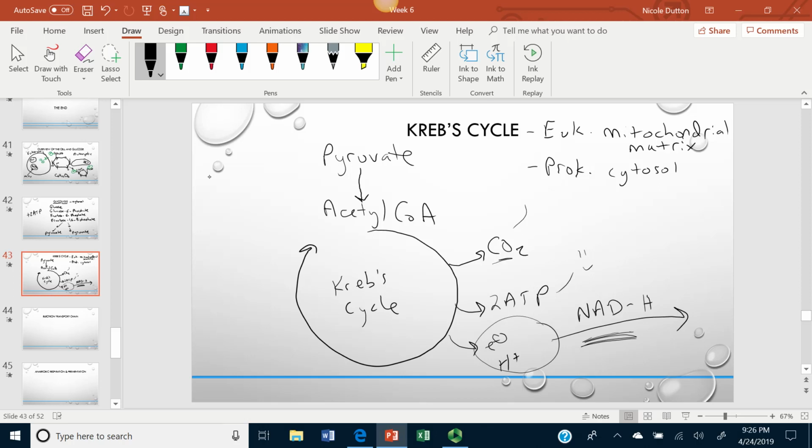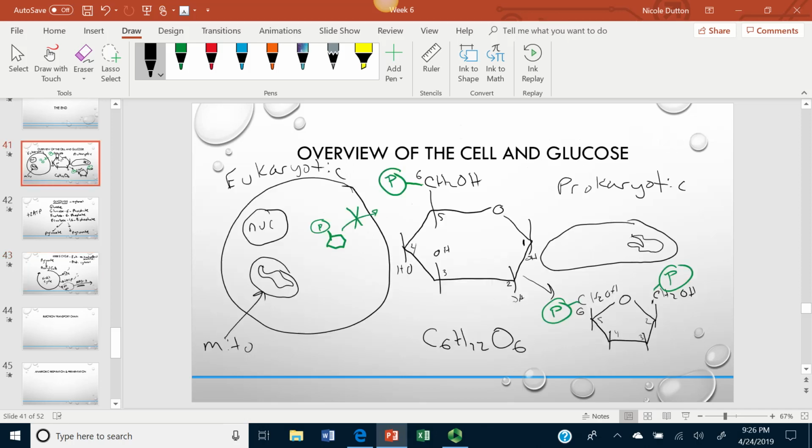Where did this carbon dioxide come from? Well, if we go back to glucose here. This is glucose, C6H12O6. When we broke it in half to make pyruvate, pyruvate still consists of carbon, hydrogen, and oxygen.